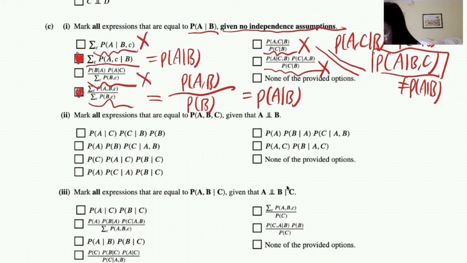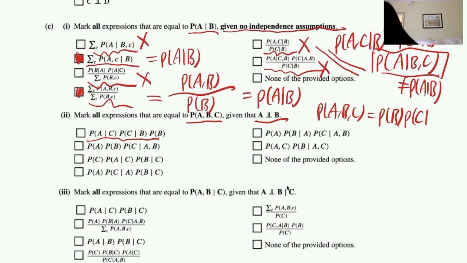Then for part II, we need to compute the probability of ABC, given that A is independent of B. For the first term, let's see if this is correct. P(A, B, C), according to the chain rule, should be the probability of B, the probability of C given B, and the probability of A given BC.